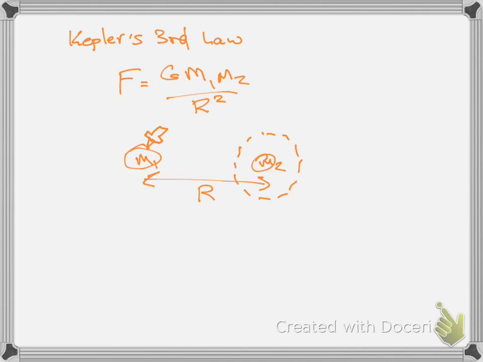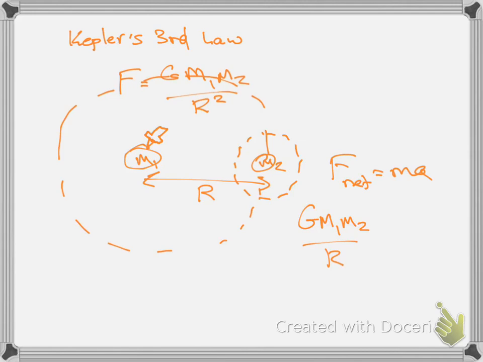So we can say that the net force, F net, equals ma. If m1 is pinned down and m2 is orbiting m1, then the net force is the gravitational force, G m1 m2 over r squared, equals m2 v squared over r. We're looking at the net force on m2, and the acceleration of m2 is v squared over r.